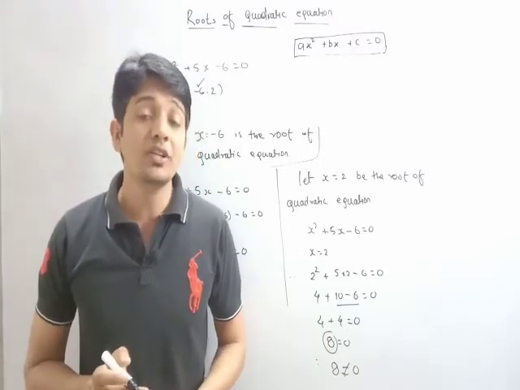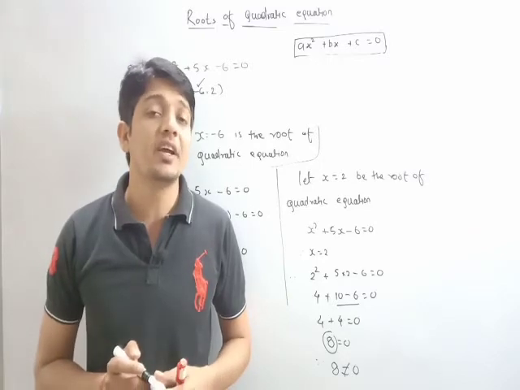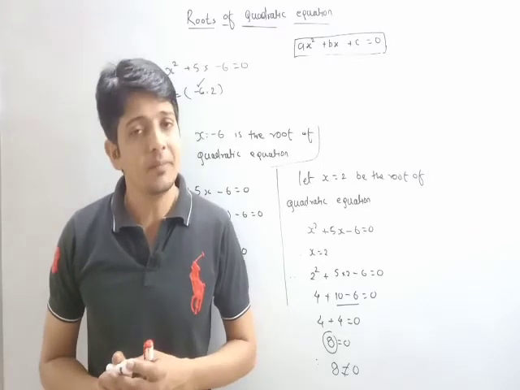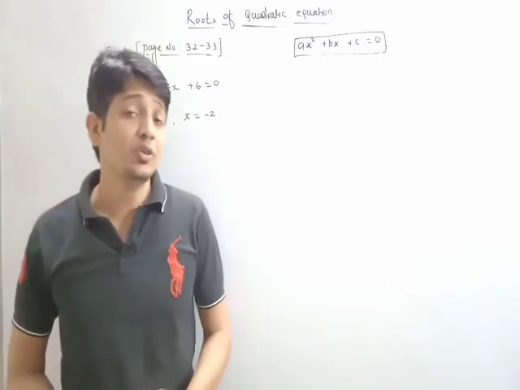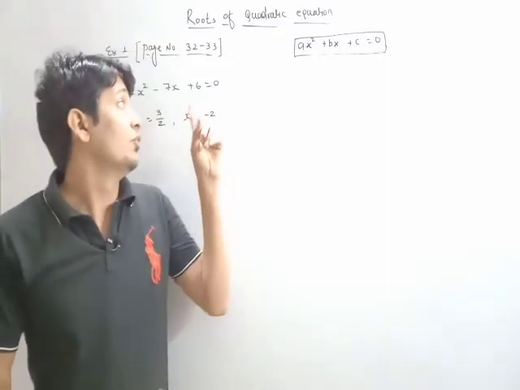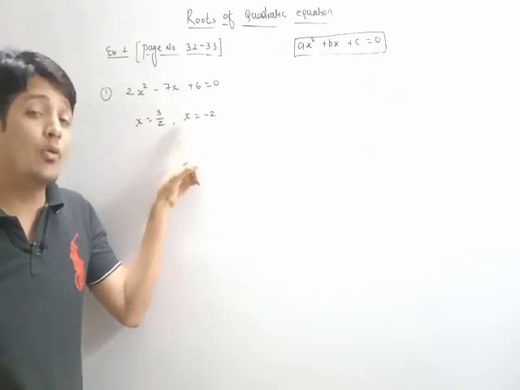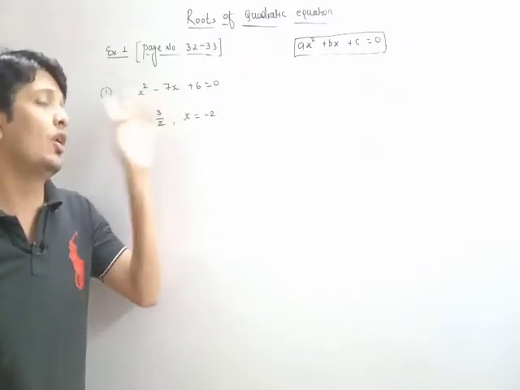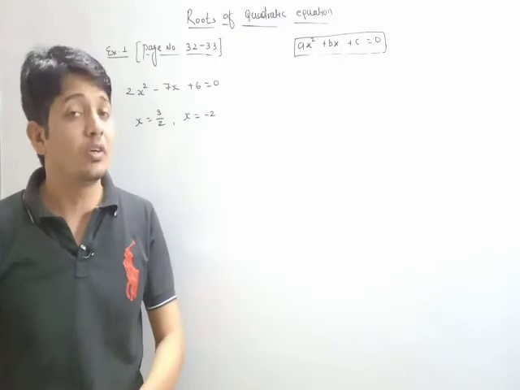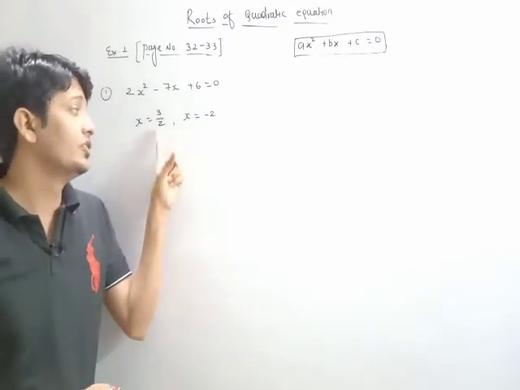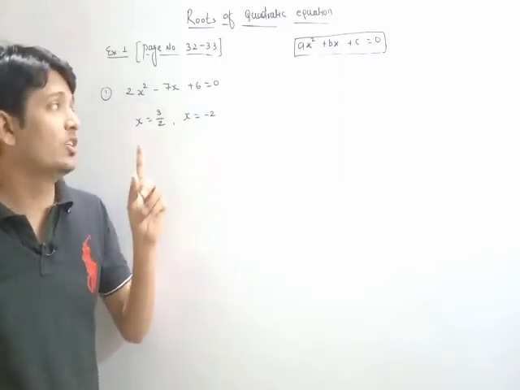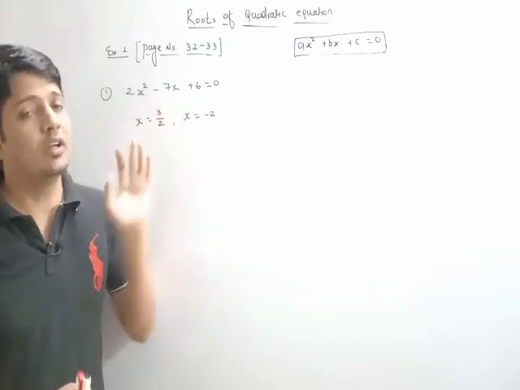Okay, so we will solve a few problems which are given in your textbook, page number 33. Now we will check one more example, whether these given values of x are the roots of the quadratic equation or not. Or we can also say whether these values are the solution of the given polynomial or not.